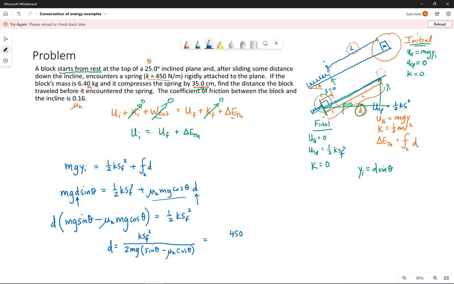So 450 is the spring constant. The spring ends up being compressed by 35 centimeters, which we need to be in meters. We square that. The mass is 6.4 kilograms. G is 9.8. Sine, our angle is 25 degrees.